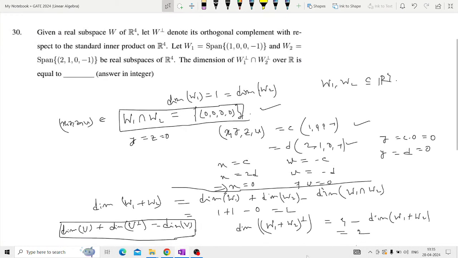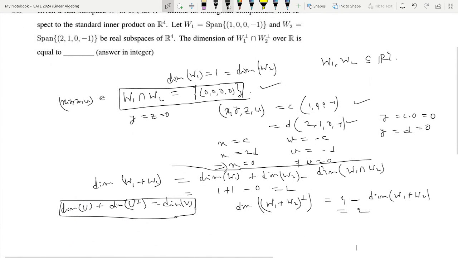Now we also have a standard result that dimension of (W1 perp intersection W2 perp) is actually equal to dimension of (W1 plus W2) perp. So now we have the dimension of this subspace is 2.